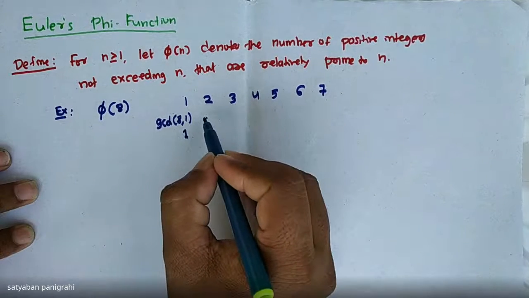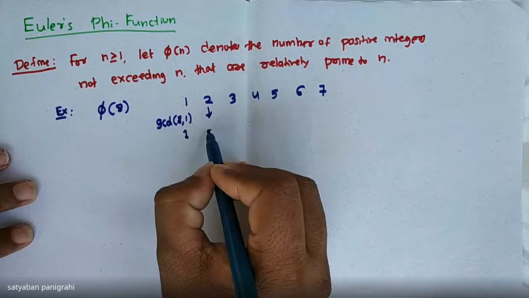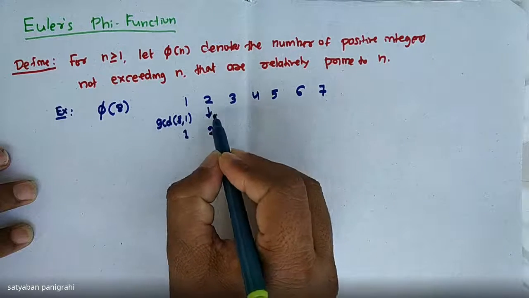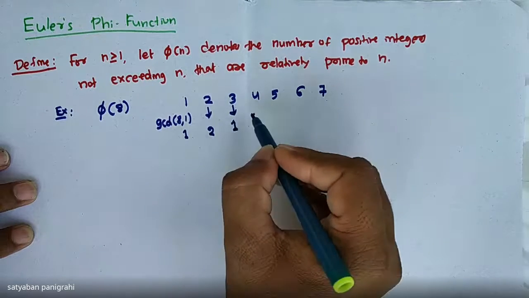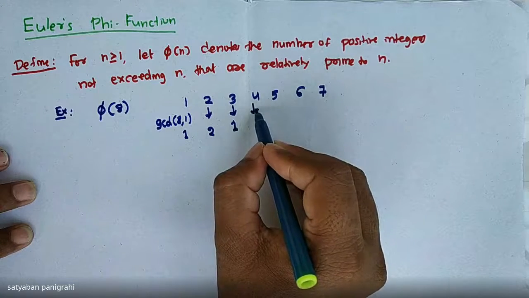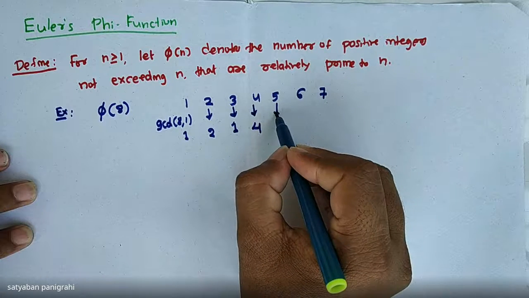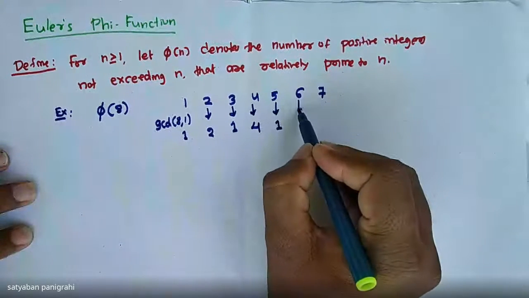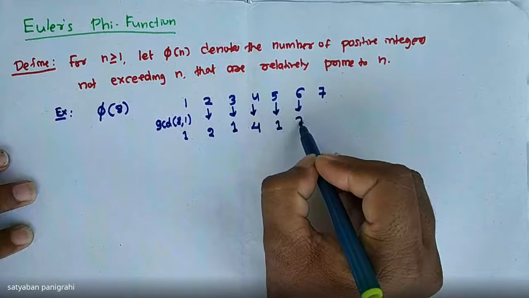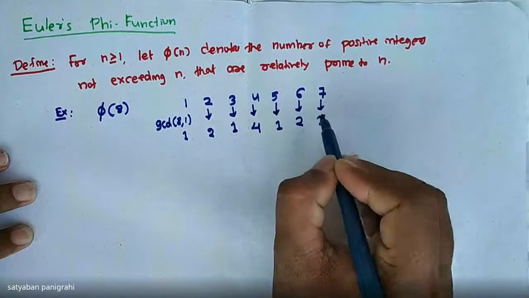When you compute GCD with 2, its value is 2. But GCD of 8 with 3 is 1. GCD of 8 with 4 is how much? 4. GCD of 8 with 5 is 1. GCD of 8 with 6 is how much? 2. And GCD of 8 with 7 is 1.